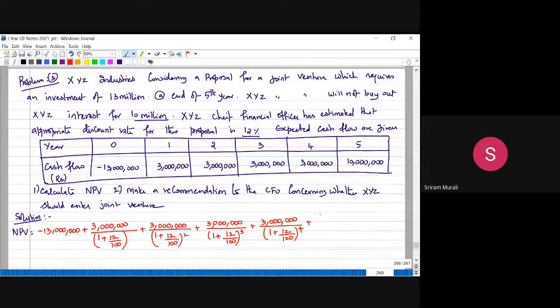What is the 5th year? So this comes around 17 lakh 93,102.9.